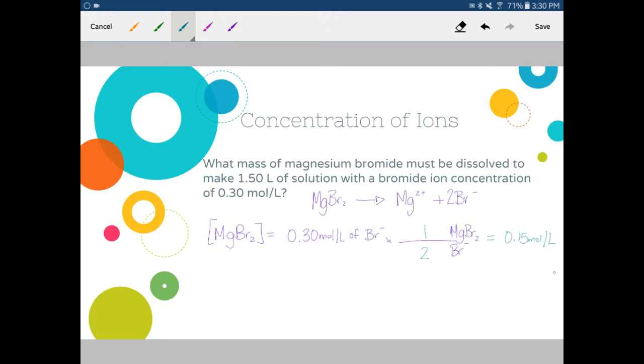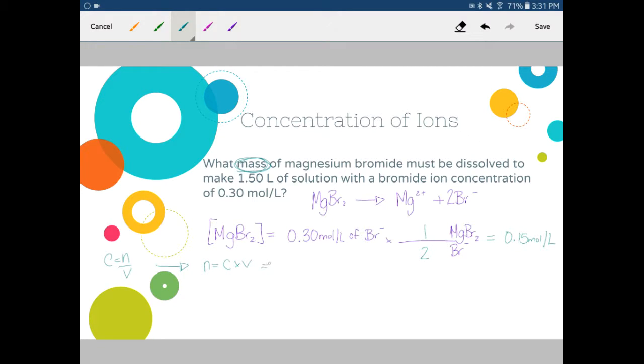So once I've calculated my overall solution concentration of magnesium bromide, I can then find my moles. My moles is equal to concentration times volume, which is just C equals n over V rearranged to get this formula here. Because I'm looking for mass, I know I need to solve for chemical amount, so that's why I'm solving for n here.